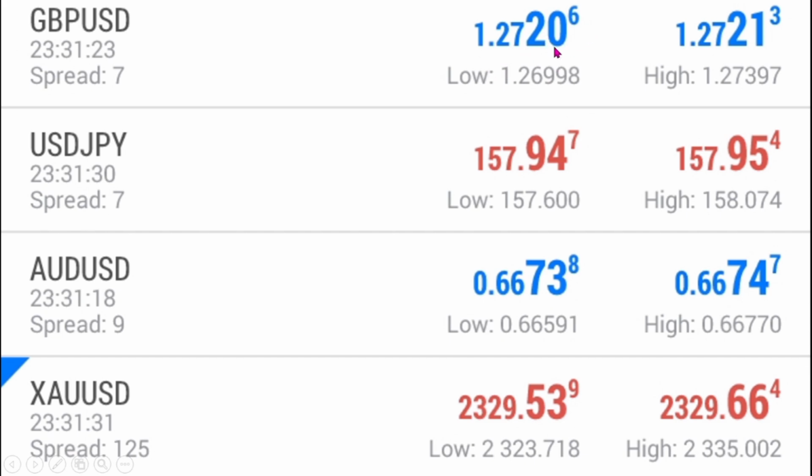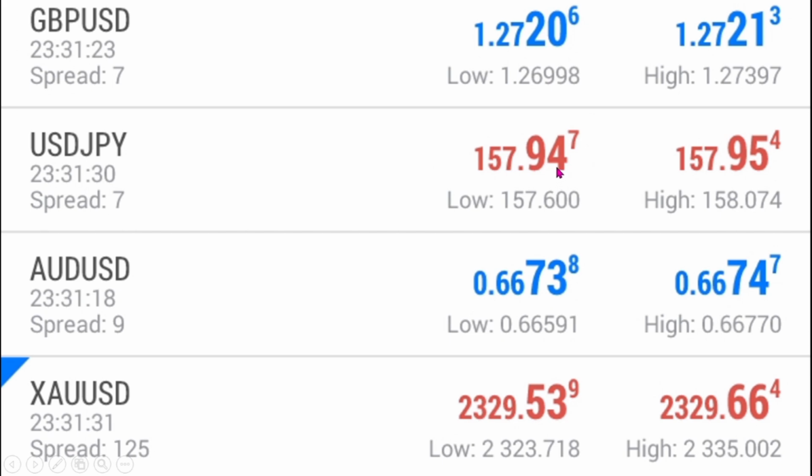So if I'm adding 20 pips to 1.2720, I'll have 1.2740. That is for a bullish trade. And if I'm subtracting 20 pips, if I'm in a sell trade, I'll have 1.2700. You realize that this price representation is different, and for this particular one with such price representation, you start pips calculation right away from the second number after the decimal point.